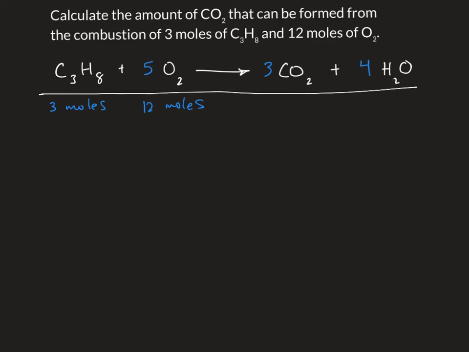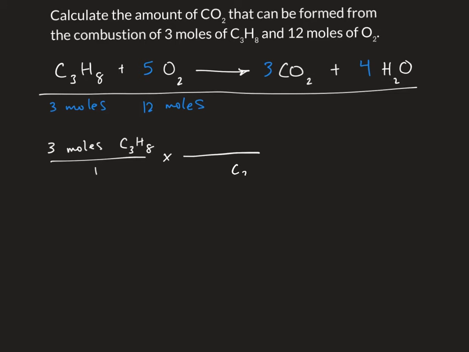We'll start off with propane again. In the reaction, what we're given is 3 moles of propane, over 1. Now in our formula, we have 1 mole of propane to 3 moles of carbon dioxide.